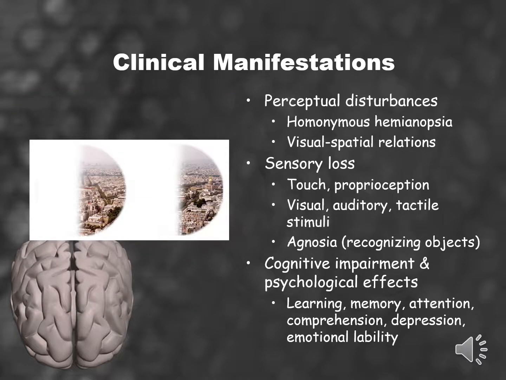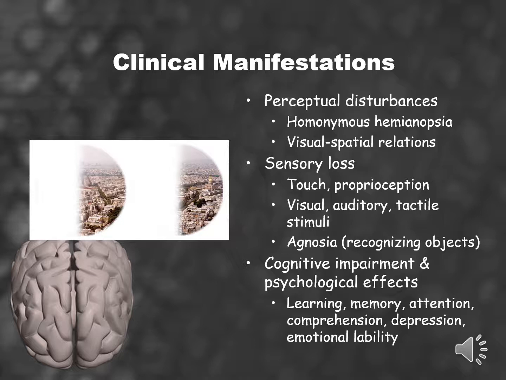The picture that you see on your slide to the left is something called homonymous hemianopsia. This is where a patient has blindness in half of their visual field, and this can occur in one or both eyes. So basically, the patient sees exactly what you would see in that picture. They're able to see the right side of their field of vision, but they're not able to see the left side.